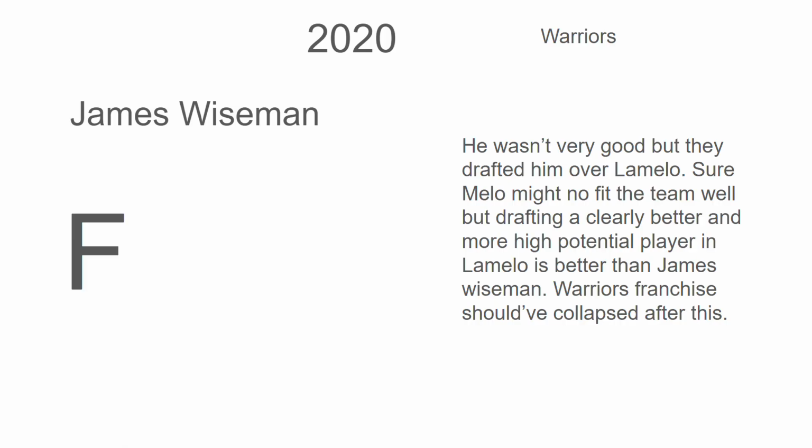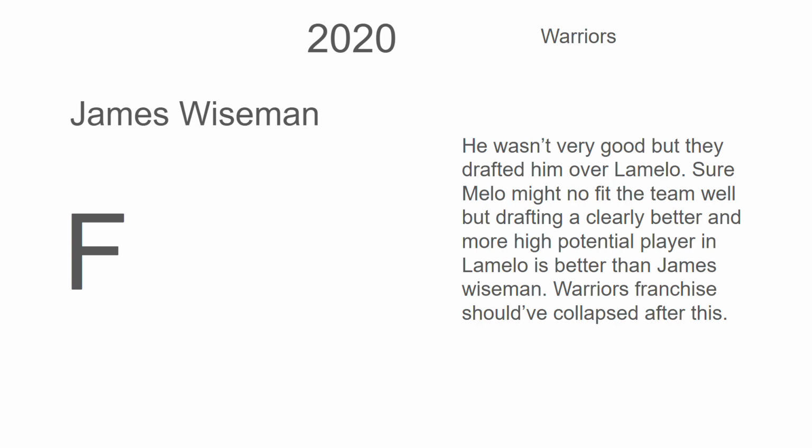They drafted him over LaMelo Ball, and I know Melo didn't fit with the Warriors team. At the same time, though, LaMelo was arguably a better player coming out of Latvia or something. I don't know, Ethiopia, not Ethiopia, I meant the... He played in one of the Baltic states, one of the Baltic nations, but Lithuania, I think, yeah.